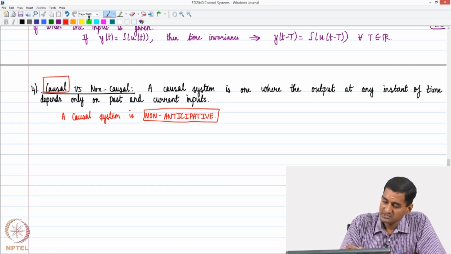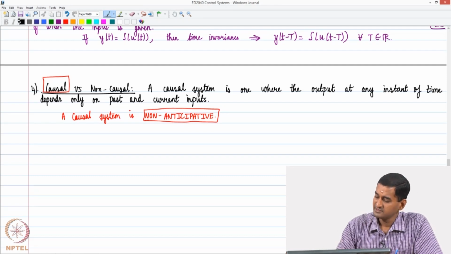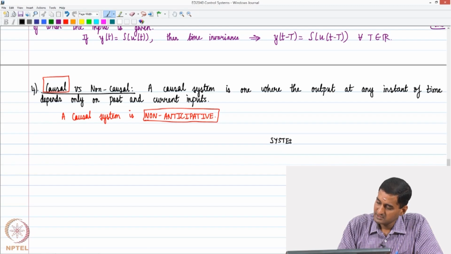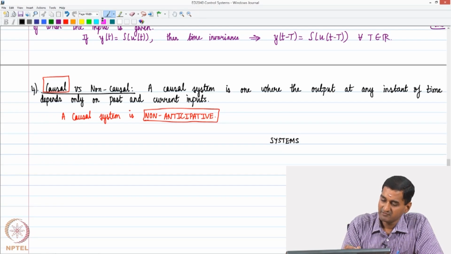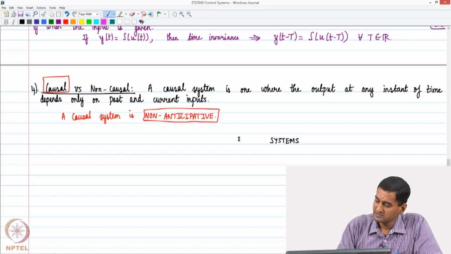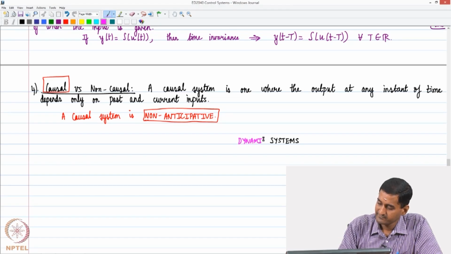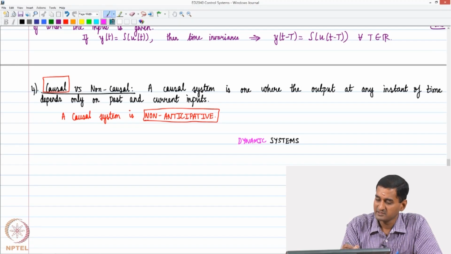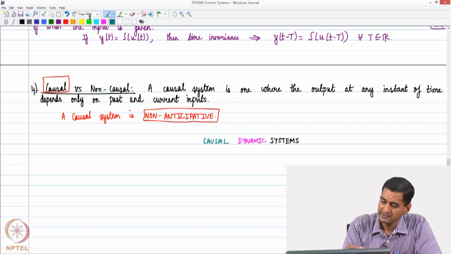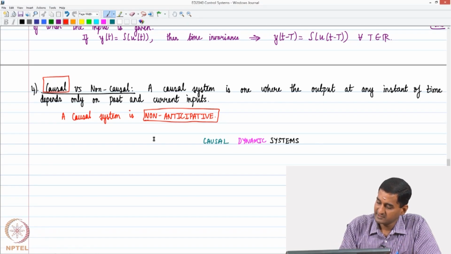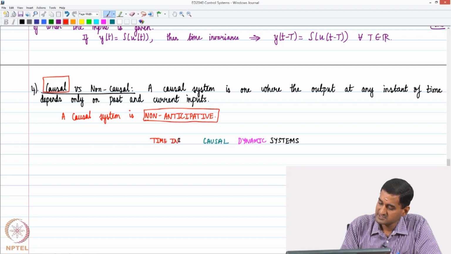The first word we started off looking at is the word systems. We are going to look at what are called dynamic systems. I am going to summarize all the adjectives that we have encountered. We are going to look at causal systems. We are going to look at time invariant systems.